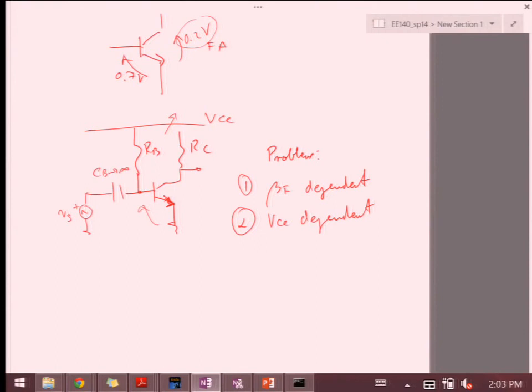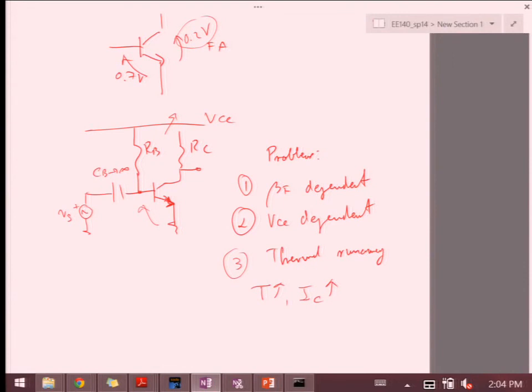Right? And another one is this thermal runaway concept, that if temperature increases, my collector current increases. Because the leakage current in the collector, if you disconnect the base, the leakage current in that reverse biased junction, will increase with temperature.